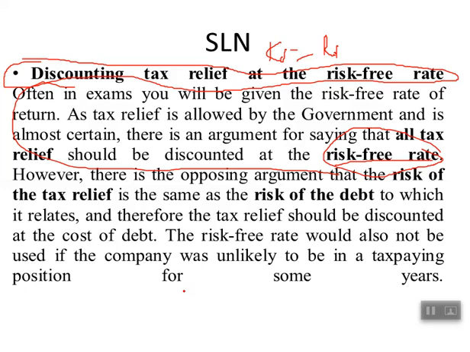But be very, very careful on the timing of the tax. When are you supposed to pay tax? Are you paying earlier or in advance? Automatically, if it is an issue cost and there is no tax, we don't discount, because the issue cost is going to be at time 0. So we don't discount. But if there is a tax, you need to be very careful and identify the timing of those issue costs.